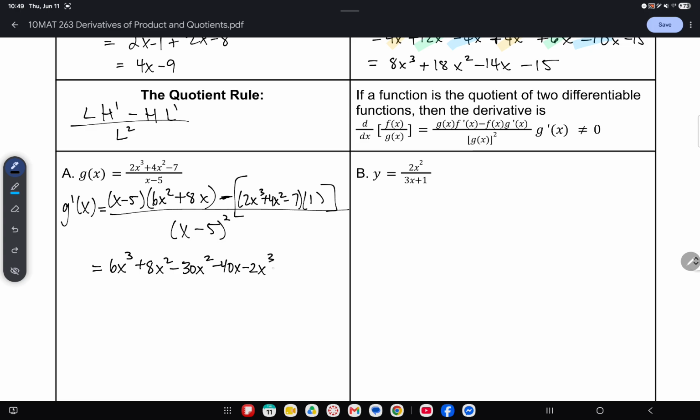So minus 2x cubed minus 4x squared plus 7 all over x minus 5 squared. And then we'll combine like terms if we have any. So let's see, 6 minus 2 is 4, so 4x cubed, 8 minus 30, and then minus 4 gives me negative 26x squared.